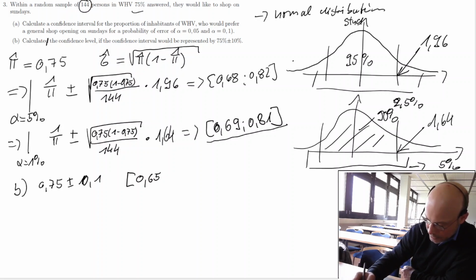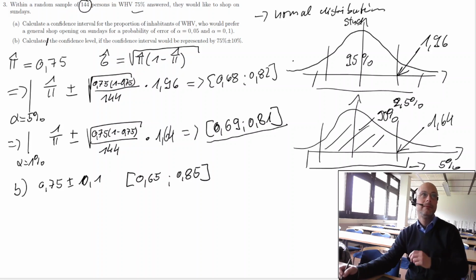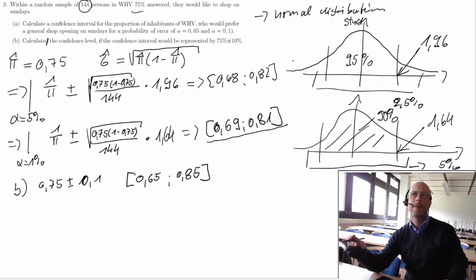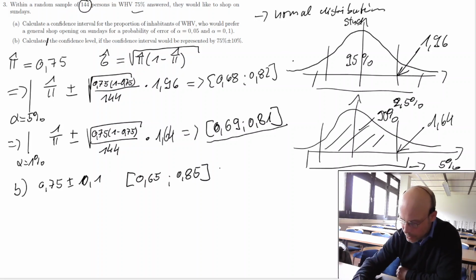So our interval is given by 0.65 up to 0.85. The question is the confidence level.